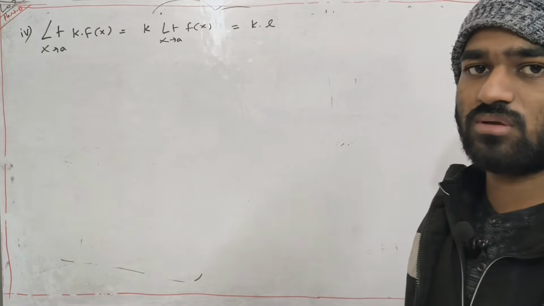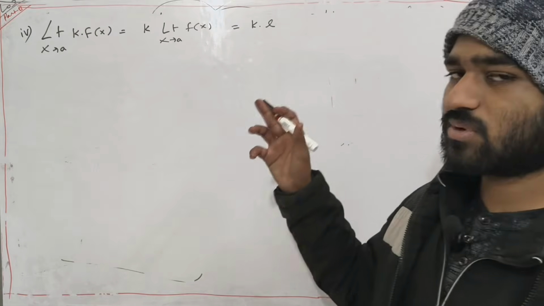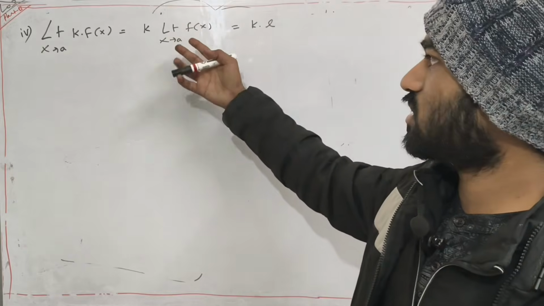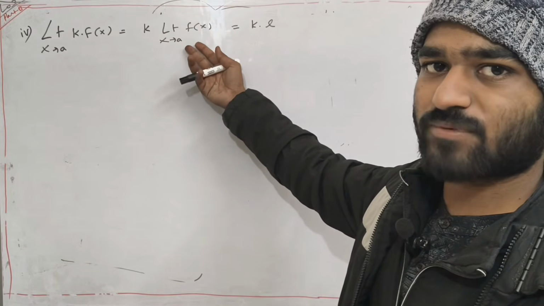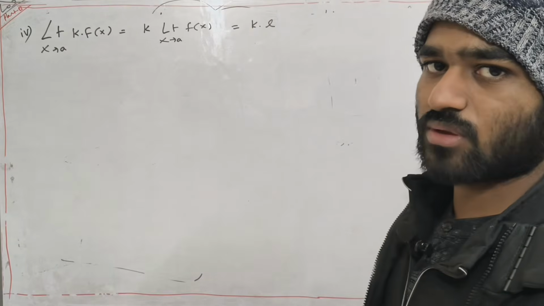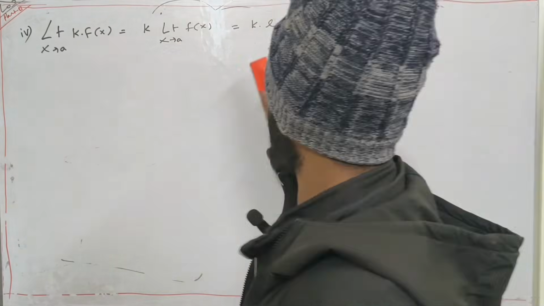For multiplying by a particular real number, the other number should have a unique value L. If the limit doesn't exist, you can't give a particular value to this limit. Okay, so that is the thing.